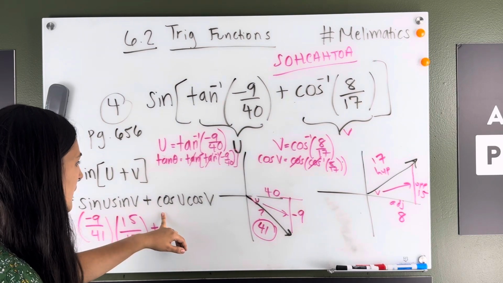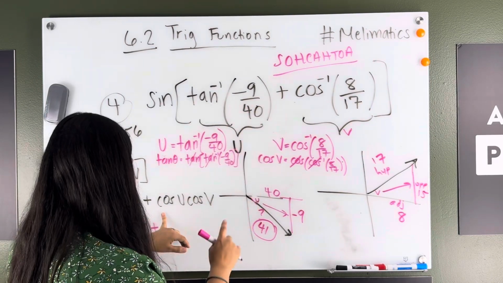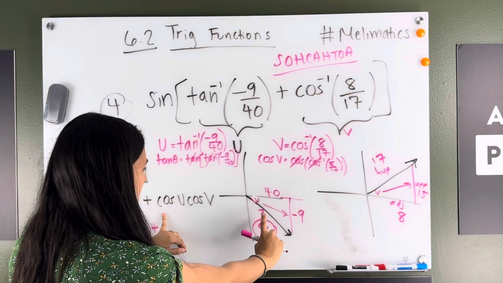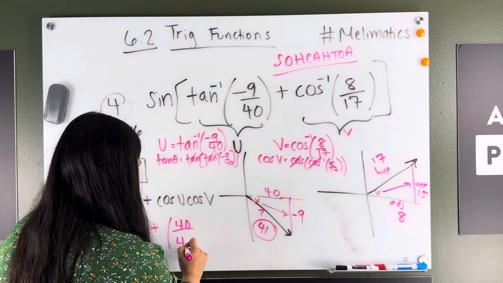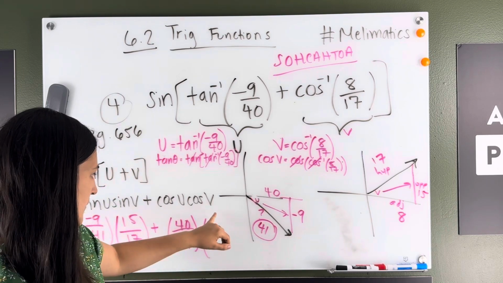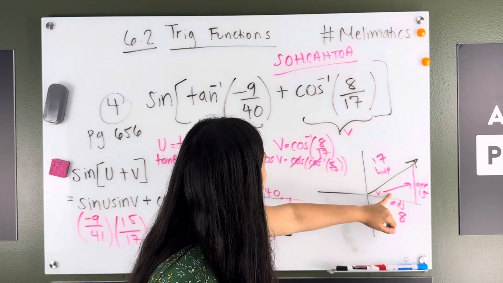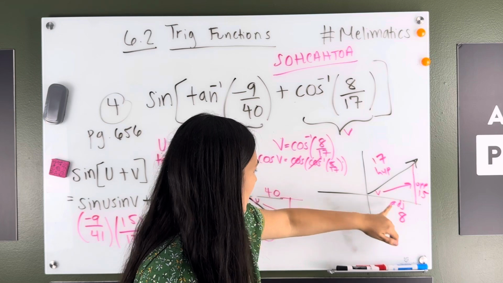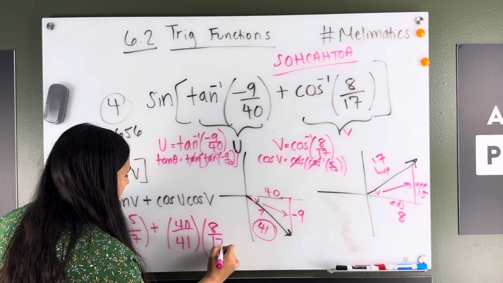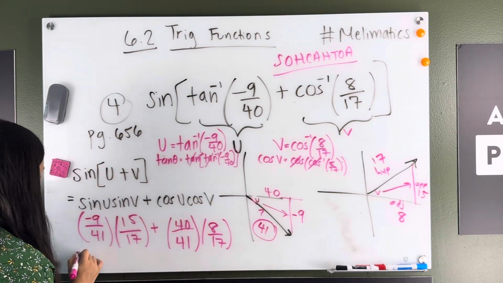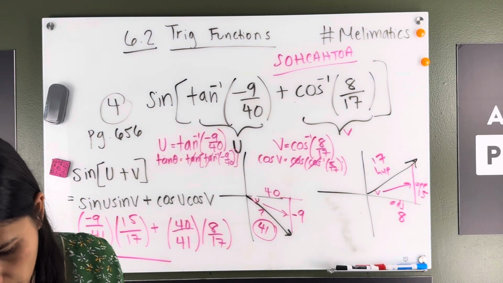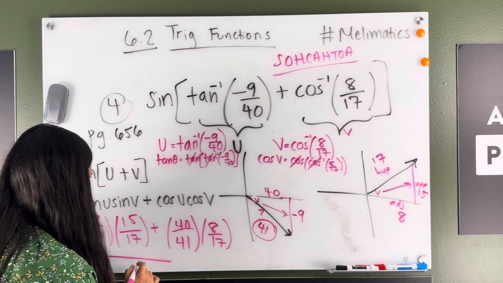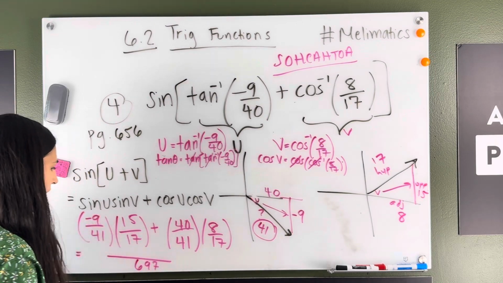Then cosine of u is adjacent over hypotenuse for u over here, so adjacent is 40, hypotenuse is 41. And then cosine of v would be over here, adjacent over hypotenuse. And then just do the work. Thankfully, it's the same denominator. It's just 41 times 17, which is 697. And then just do the rest.